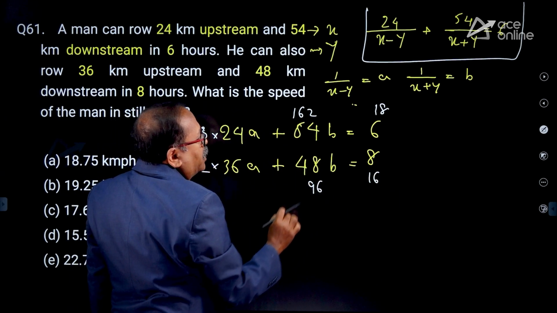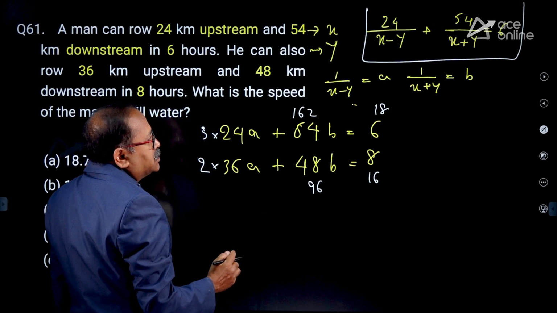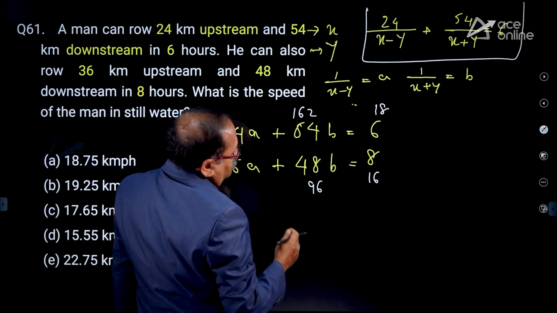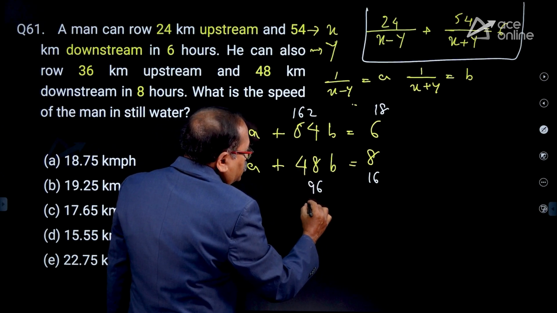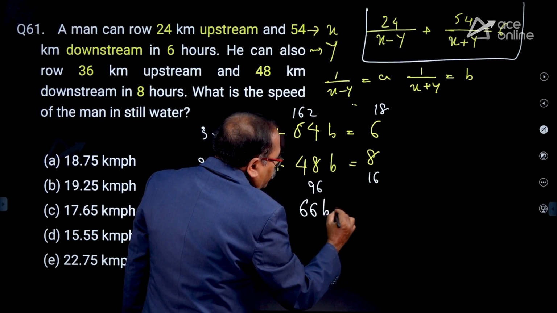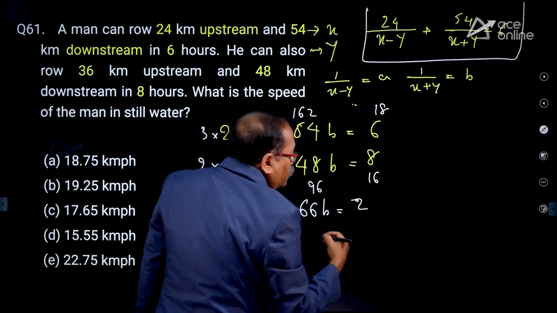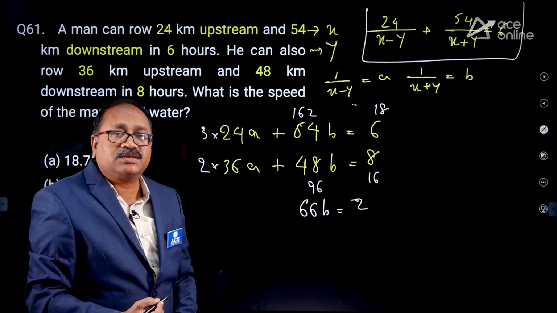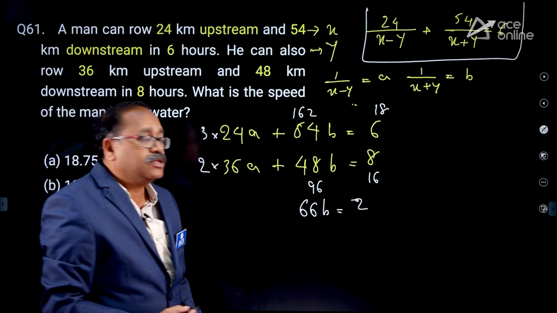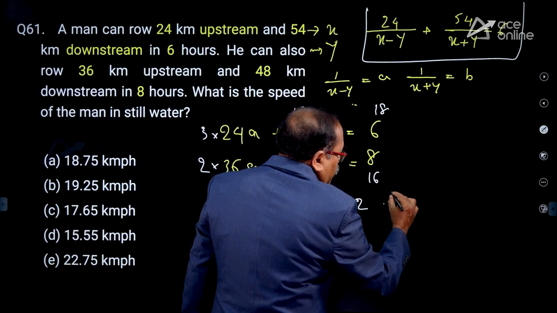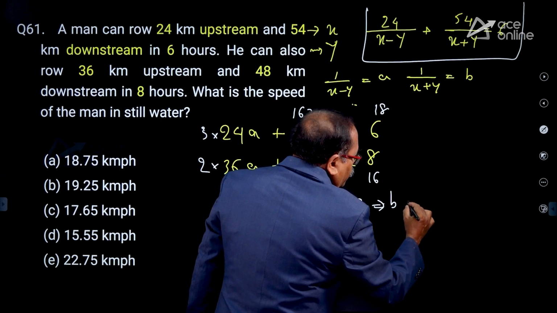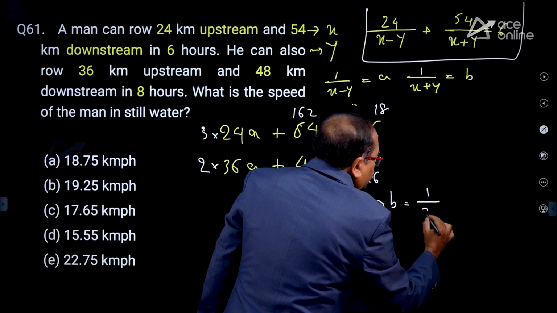So 162 minus 96, that comes 66. Because we get the 4 here, that's right, 66. B is equal to 2 by 66, which is nothing but 1 by 33. So here B is equal to 1 by 33.